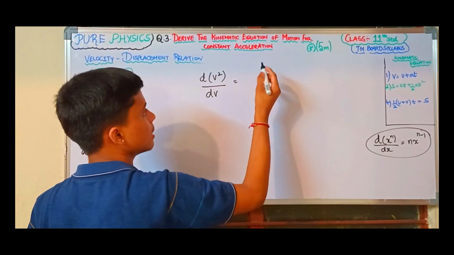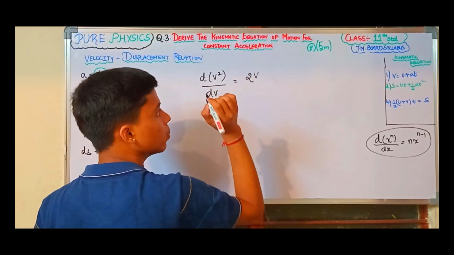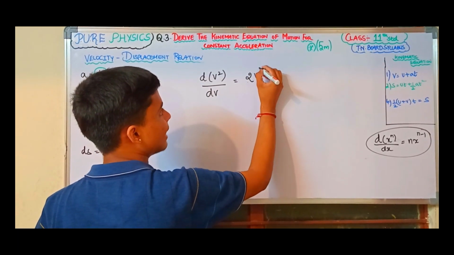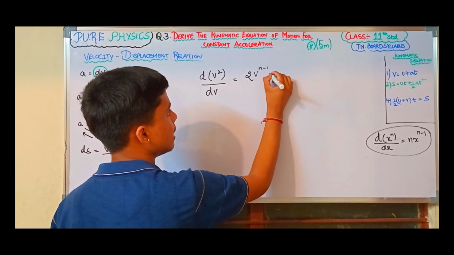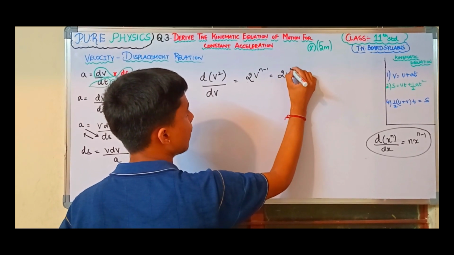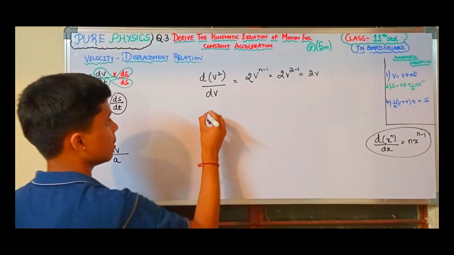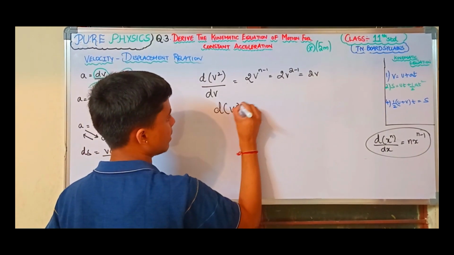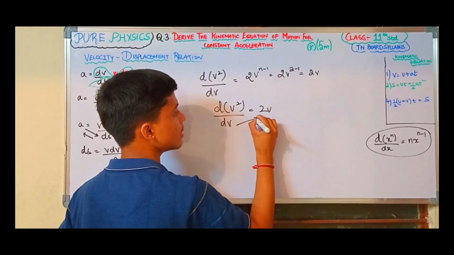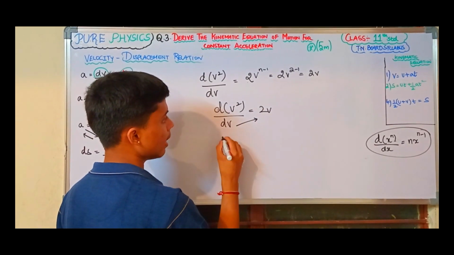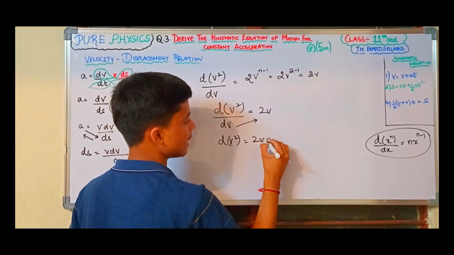My x value is v and my n value is 2, so I'll write here 2 times v, and the power will become n minus 1, which is v power 2 minus 1, which is 2v, right? So dv square by dv is equal to 2v. I'll bring this dv to the right hand side, which will be dv square is equal to 2v dv.